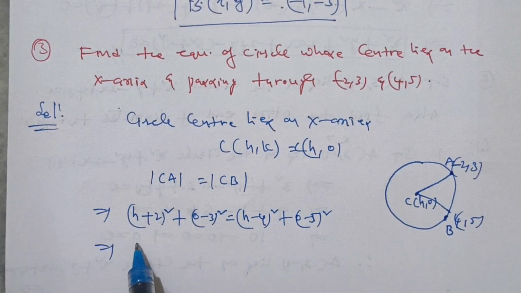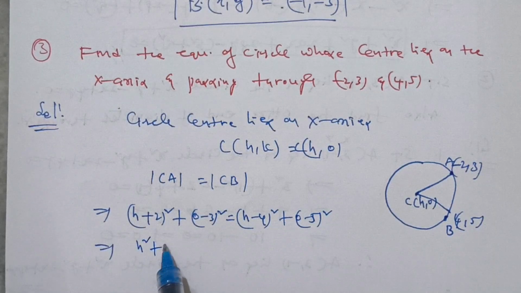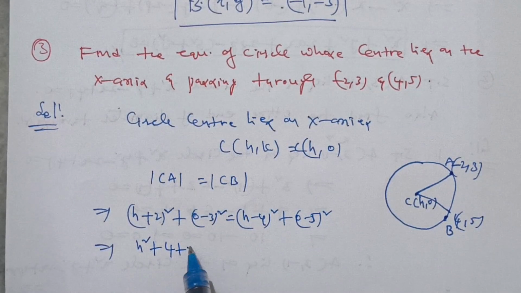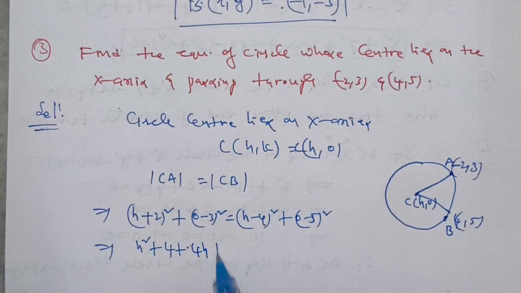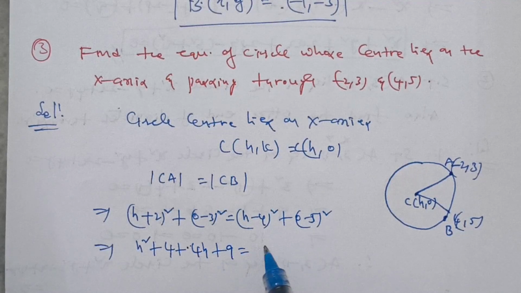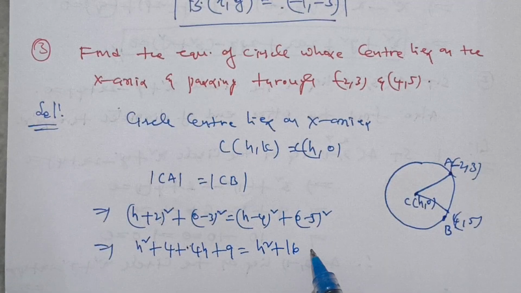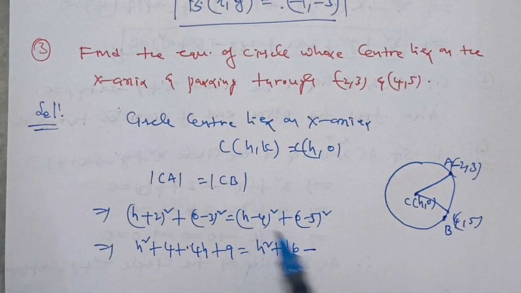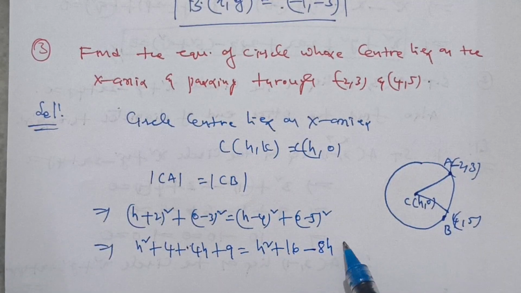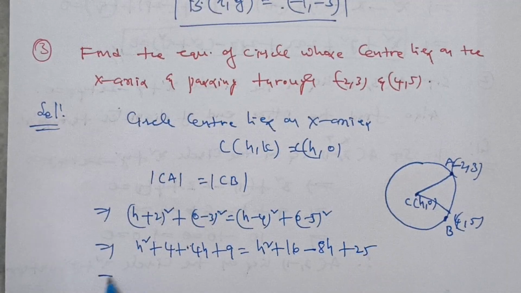So this is the (a + b)² form. h² plus 4h plus 4 plus 9 is equal to h² plus 16 minus 8h plus 25.